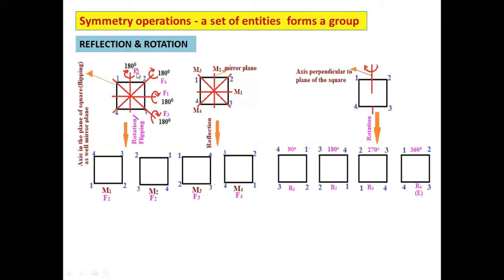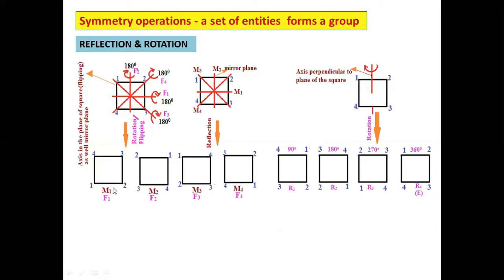That is the flipping operations or rotation through 180 degrees. Similarly, this is what we had earlier seen using the mirror plane for reflection operation. And here it is rotation using an axis perpendicular to the plane of the square, again four. Likewise, we have the inverse operation also. So we have just related various kinds of symmetry operations for any square.